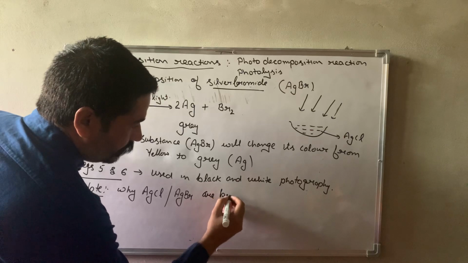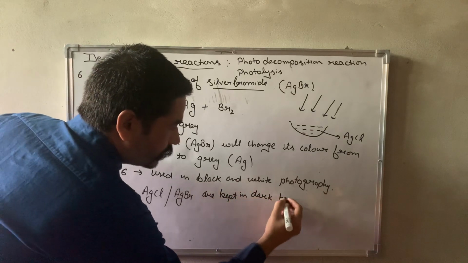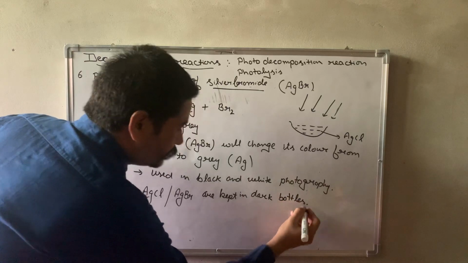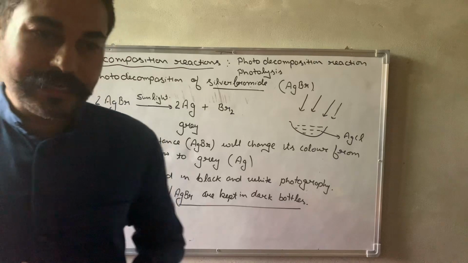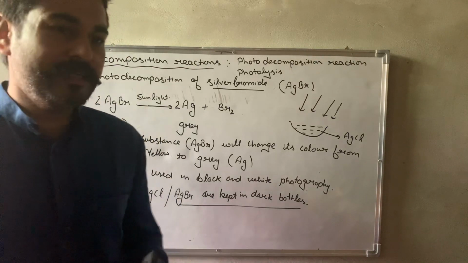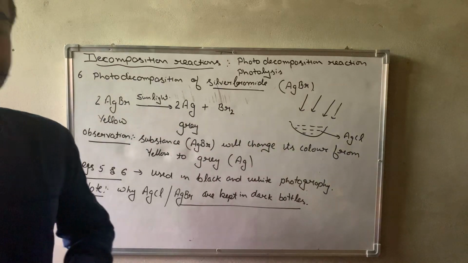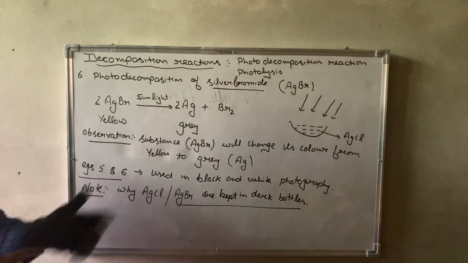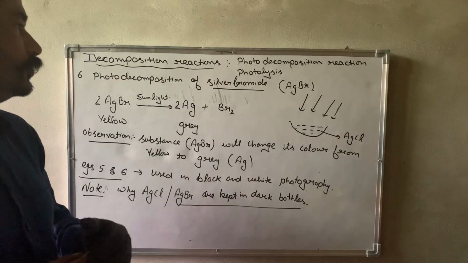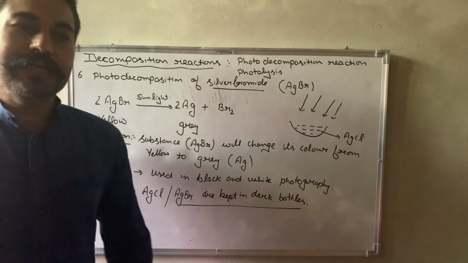So the reason is, if they are not kept in dark bottles, if they are kept in transparent bottles, then sunlight will enter and decomposition of these substances will take place. It will form silver and gases will form. So decomposition does not take place of these substances. That's why these are kept in dark bottles.